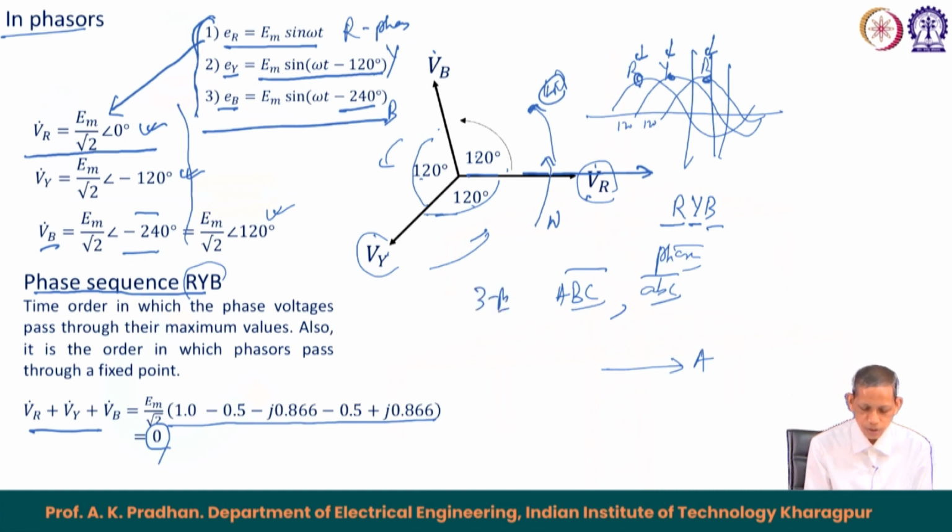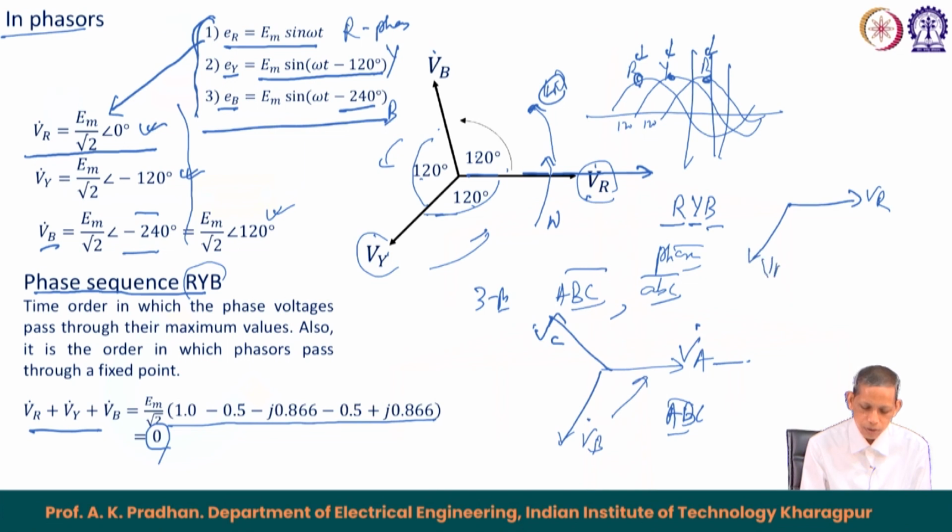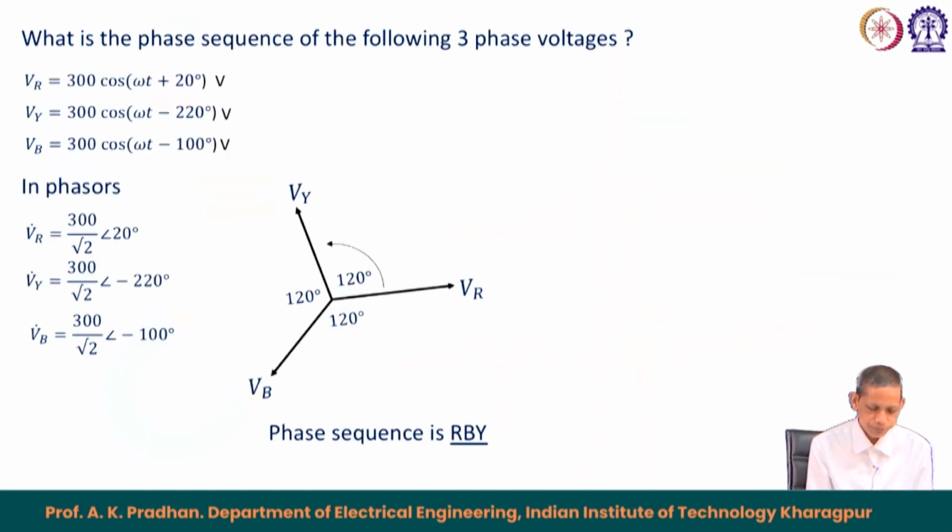So, if I say this is A phase, this is V B phase and this is V C phase, then the phase sequence in this case is A B C. This is anticlockwise rotating, A on the x axis, then comes B, then comes C. You can have another situation, let us say this is V R, this is V B phasor and this is V Y. Now, in this case R goes first, then comes B and then comes Y. So, the corresponding phase sequence becomes R B Y.